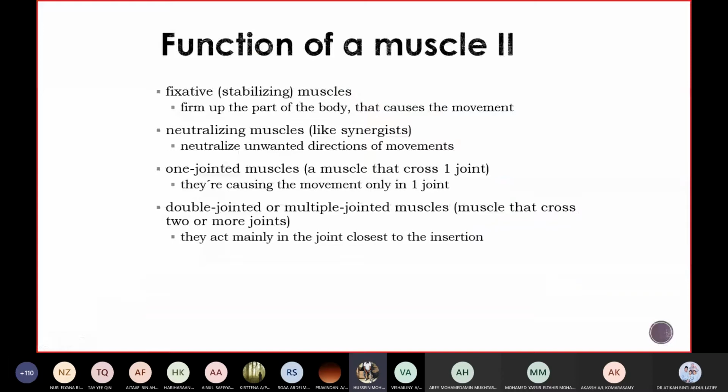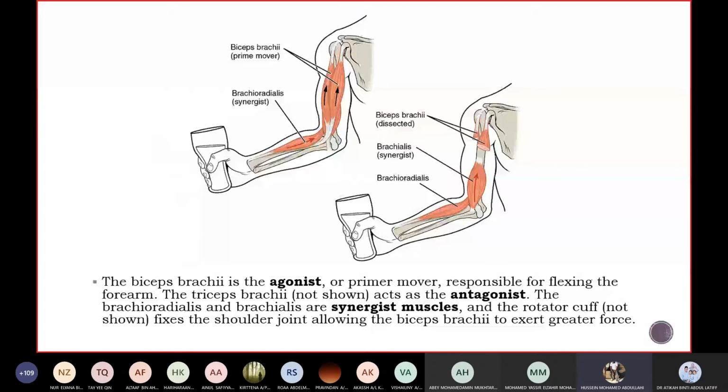Excuse me, madam. Yes. Can you go back to the previous slide? I want to ask something. Okay, the brachialis and the biceps brachii, are they the same or different? No, different. Okay. If you cut the biceps brachii, you will find the brachialis inside.